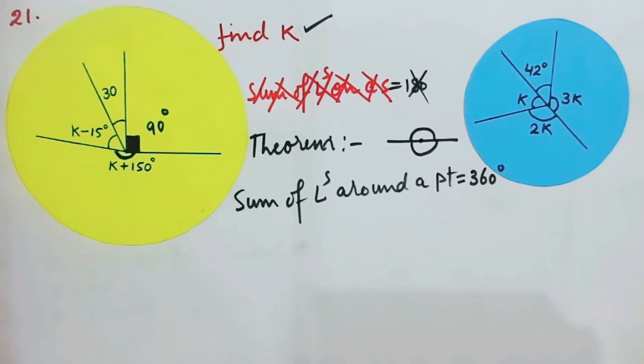Clear? So sum of angles around a point is equal to 360 degree.